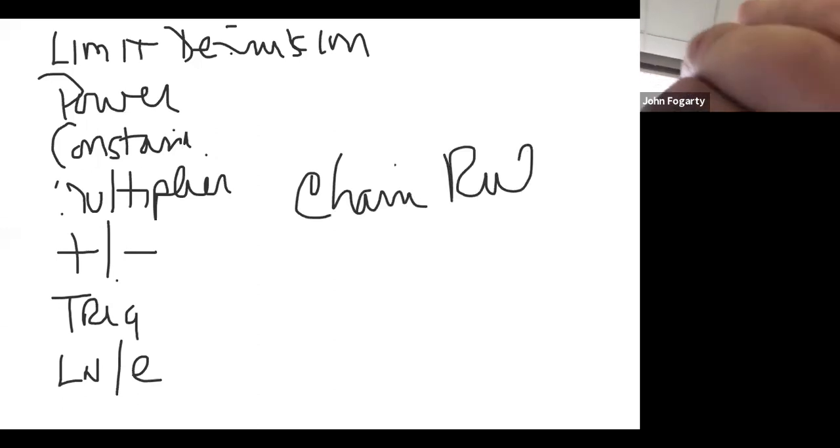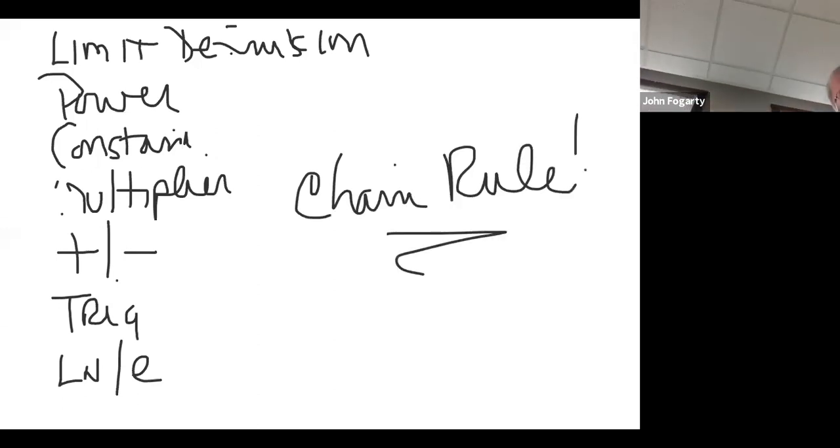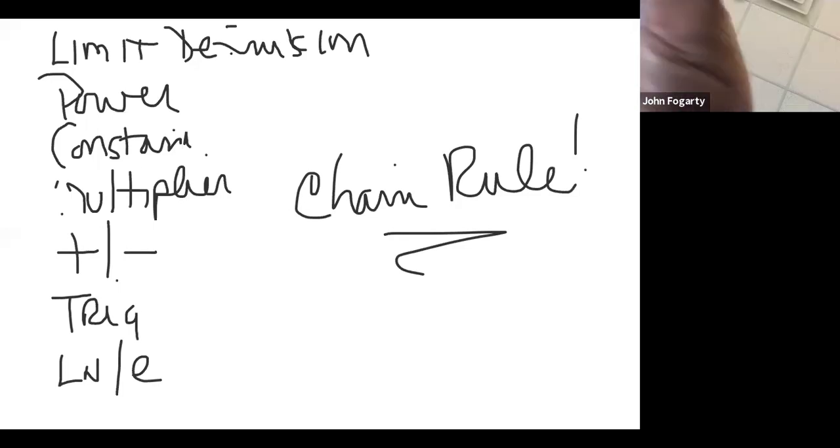That's a lot of stuff. The most important thing you're going to have to know how to do, fellas, is use the chain rule. You have to know how to find the derivative of a function of a function. And it simply means derivative of the outer times the derivative of the inner. Does that make sense?